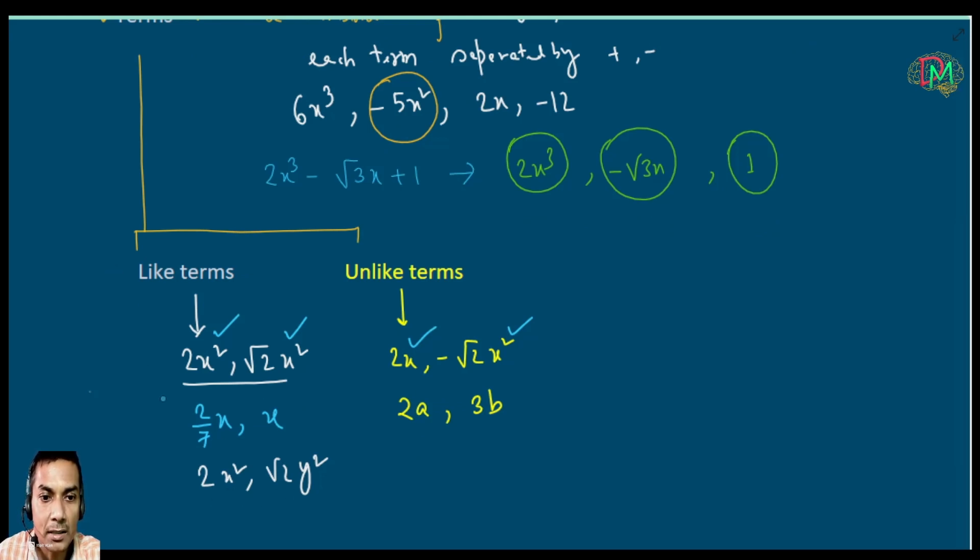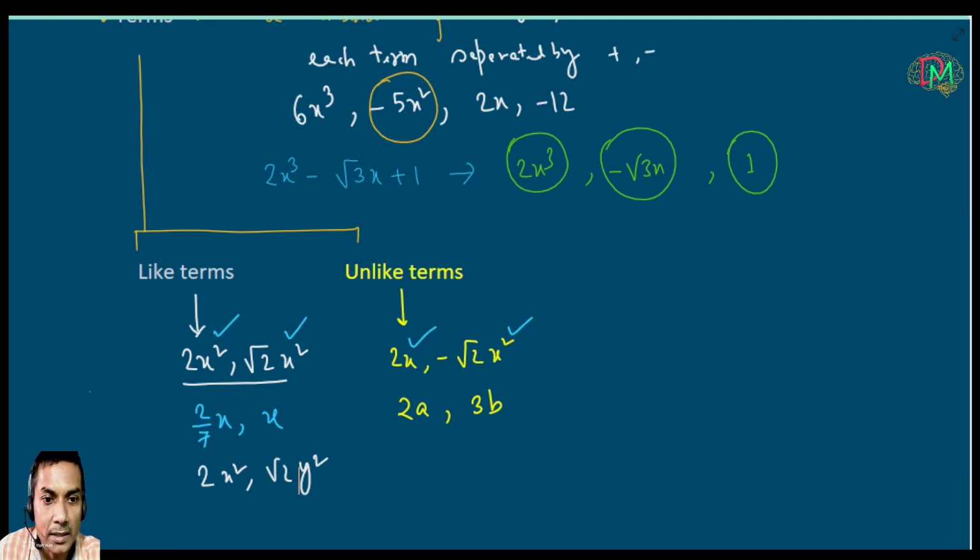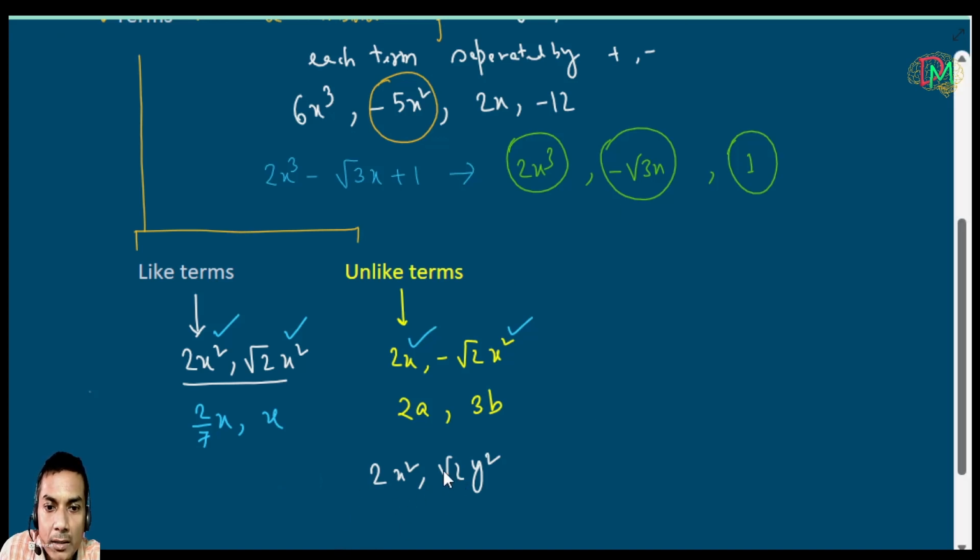So these are unlike terms. It is not the like terms. This is not an example of like terms. This is actually an example of unlike terms. Why? Because although the power is the same, the variable itself is different. Okay, clear?